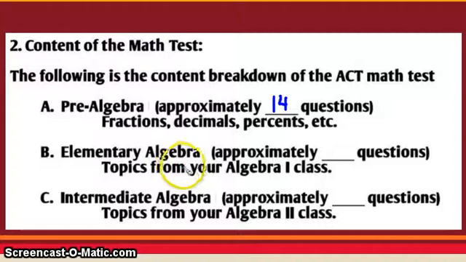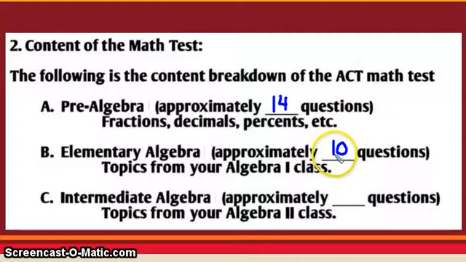Elementary algebra is going to be another 10 questions. So this is your basic freshman level Algebra 1 class. Some of you may have taken it as an 8th grader. Some of you may have taken it as a 10th grader. Doesn't matter.